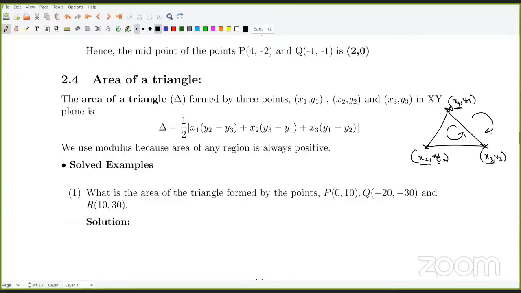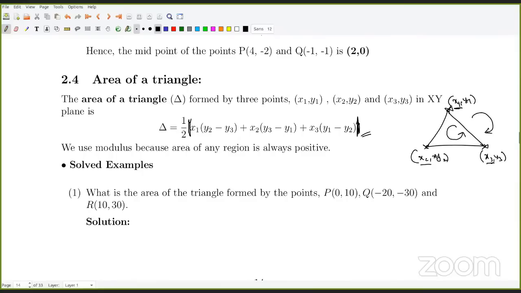That's it. So this is the formula. Anyway, we are using modulus, right? So that is where anti-clockwise or clockwise doesn't matter. Even if you take clockwise or anti-clockwise, your sign might change. That's it. But as we are using modulus here, the area of a triangle is always positive.